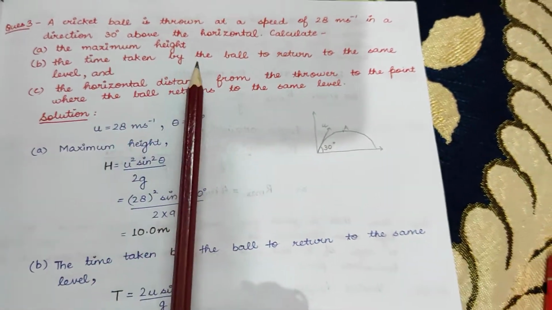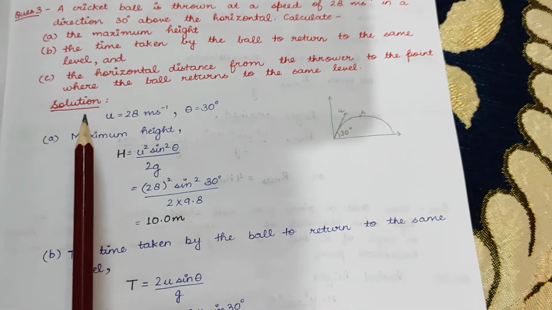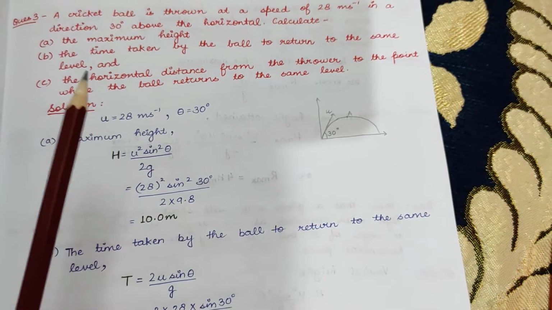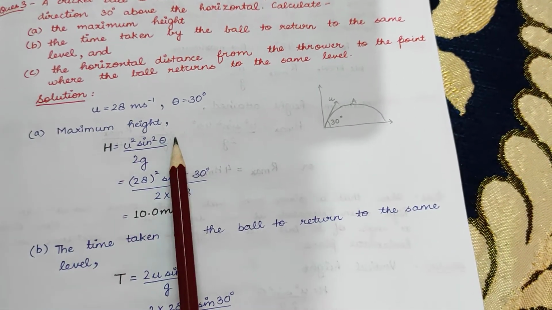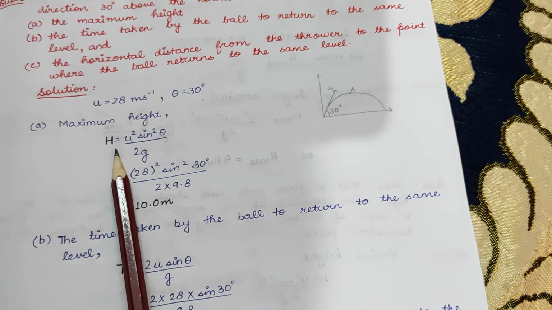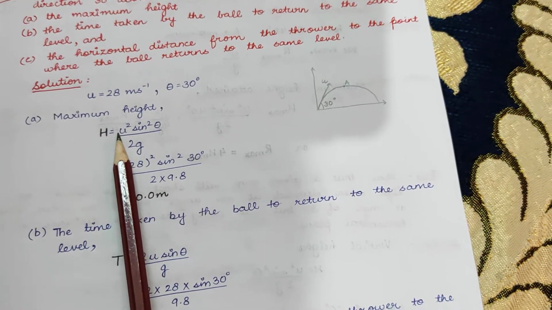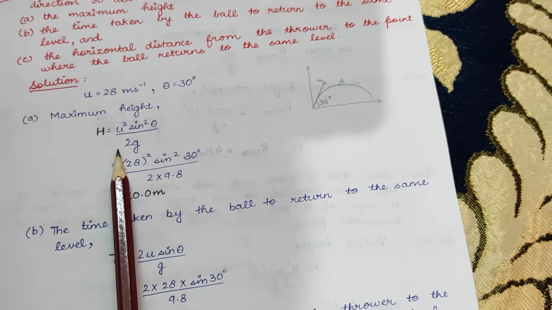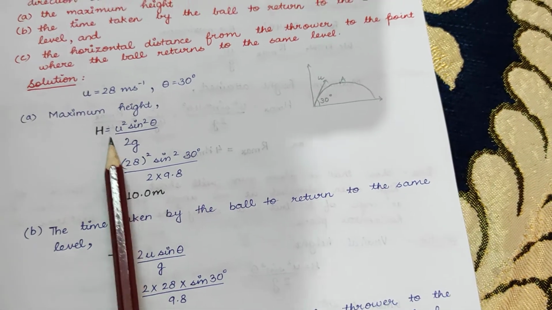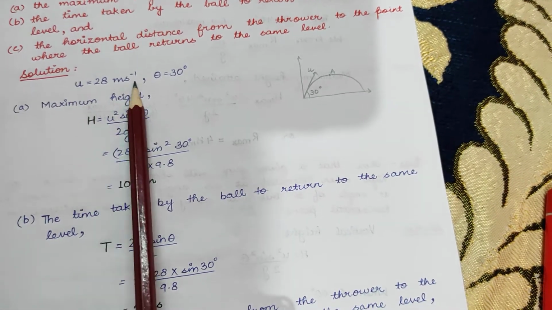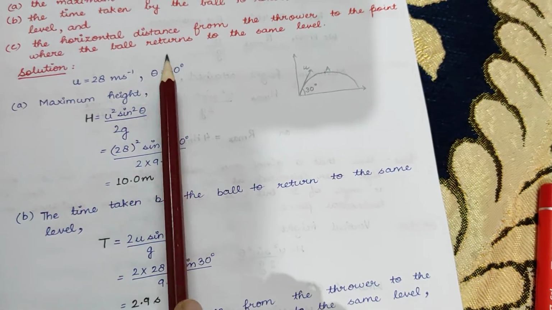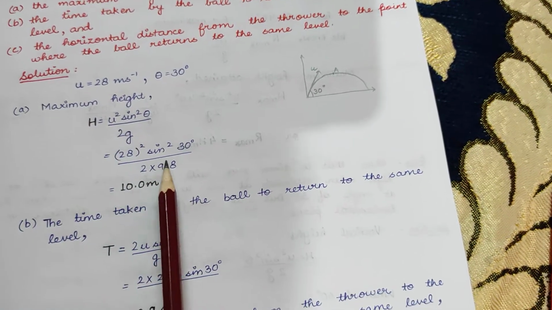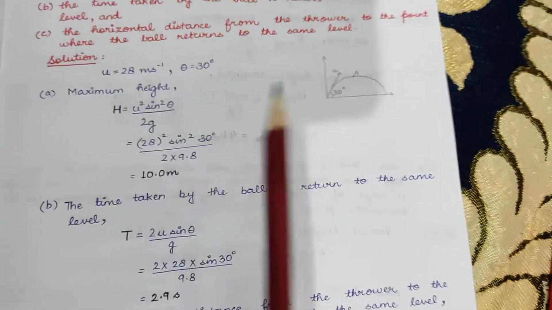Now first we have to find the maximum height. We know by derivation of angular projection that maximum height is given as capital H equals u square sine square theta upon 2g. So we will simply put the values of u, theta and g. We know we always take g as 9.8 in this case.